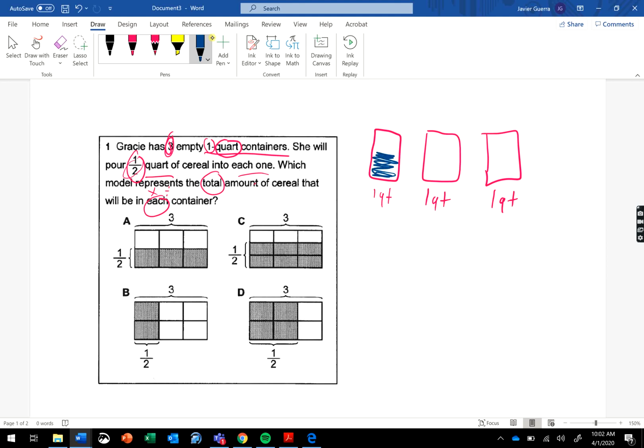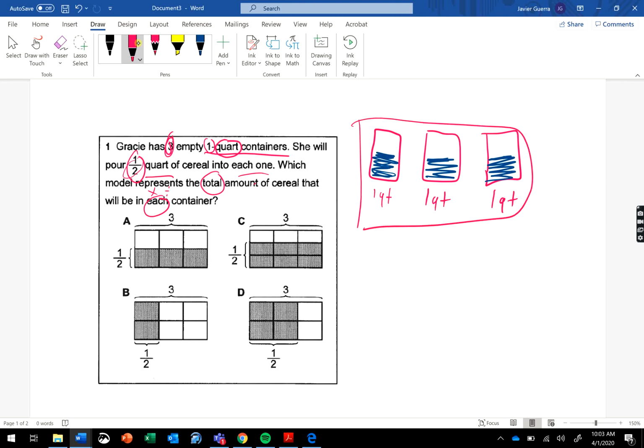So I'm going to assume that this is halfway here, this is halfway here, and this right here is halfway, right? It's right in the middle. So they want to know which model represents the total amount of cereal that will be in each one. So all they're looking for is the model. We're not actually trying to solve any questions. We're not multiplying these two or dividing these two. All we need to find out is which one looks very similar to what I just drew right here, right?